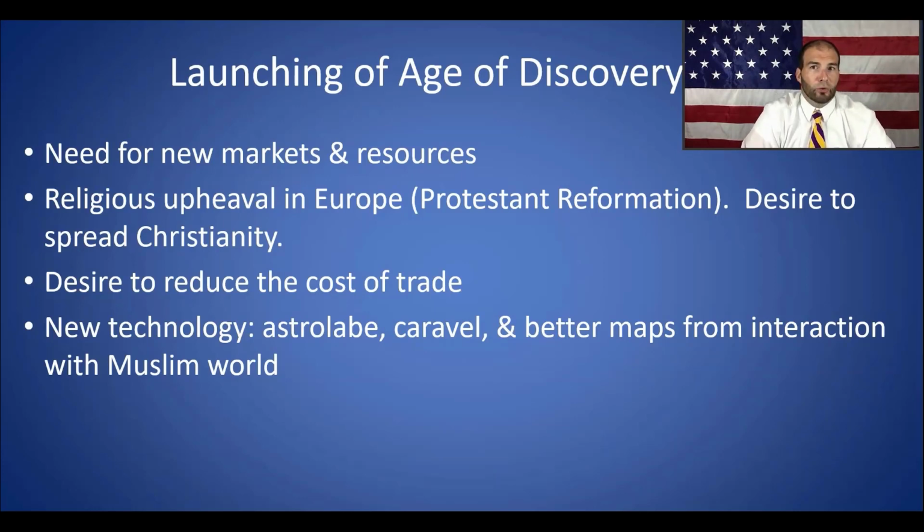Europe starts trying to dictate what church people can go to, their own version of the church, whether it's Catholic or the Church of England or something like that. Really what you just need to understand for this course is that a lot of people wanted to be Christian a certain way in Europe, and it wasn't allowed.